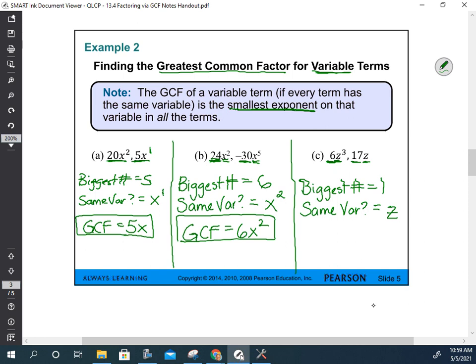Z to the third, z to the first. The smallest exponent is 1. So you can take out z to the first. So your greatest common factor is 1z, or you can just write it as z. Any questions, A, B, or C?